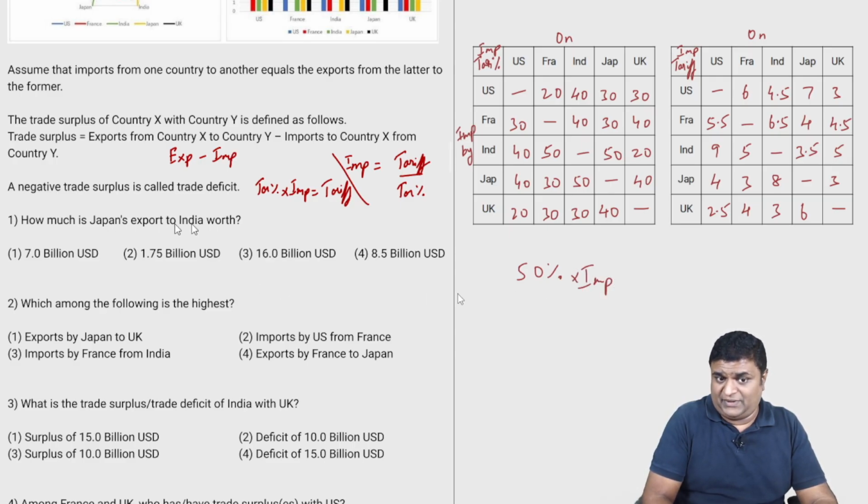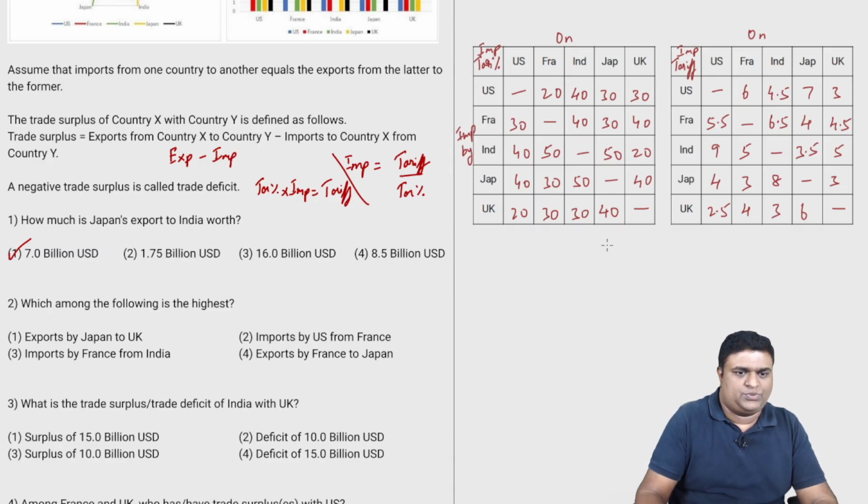Once again, Japan export to India is India import from Japan. 50% of the imports equals India import from Japan, and that was 3.5 billion USD in terms of tariffs, right? So 50% of something is 3.5, then this import should have been 7. Half of 7 is 3.5. The first one is 7 billion USD.